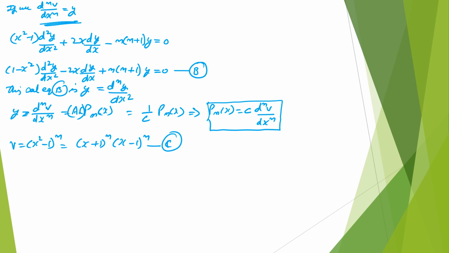Now equation D. Now we use Leibniz theorem to differentiate and find the value of the nth time derivative of v with respect to x. Now over here we have to remember this term as a first and this term as a second. So by using Leibniz theorem, first is same, x plus 1 is same, for the second the nth time differentiation with respect to x of (x minus 1) to the power n.